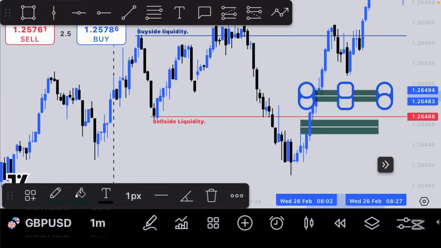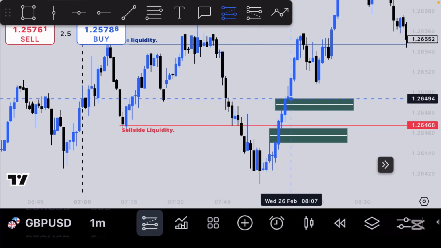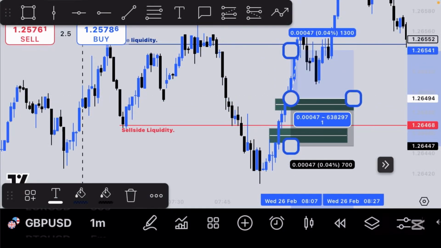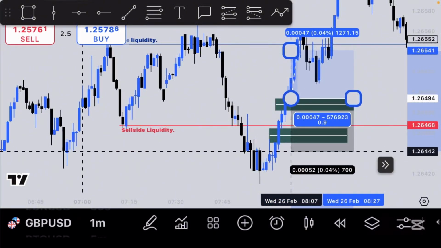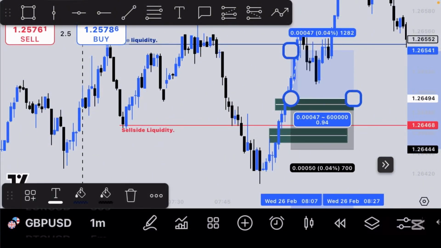Then you can see how price created the second fair value gap, then tapped into it. So our entry will be right at the tick right here, that's at the top of that candle, risking what? Risking 5 pips. Why I risk 5 pips is because if price will offer you in this model, it will just keep spiking without even retracing back into your entry point.